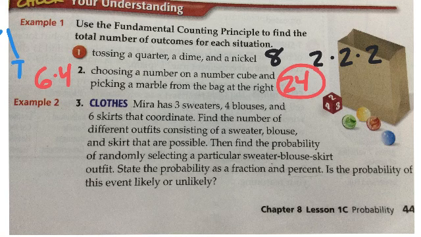Number 3. Mira has 3 sweaters, 4 blouses, and 6 skirts that coordinate. Find the number of different outfits consisting of a sweater, blouse, and skirt that are possible. So let's do that part first. How many different possible outcomes are there when choosing a sweater, blouse, and skirt?